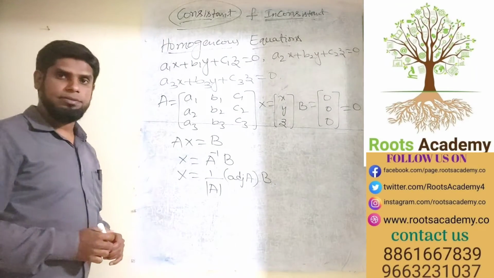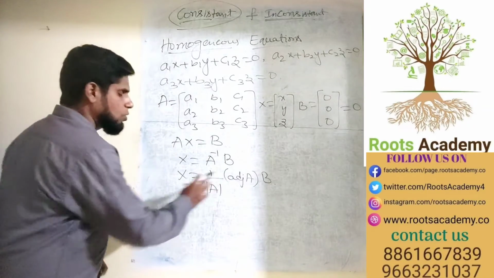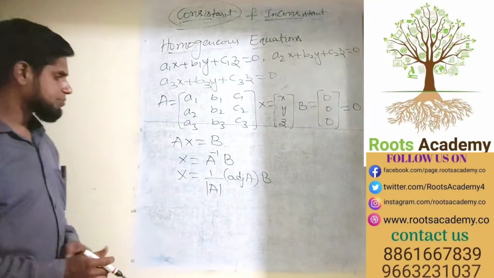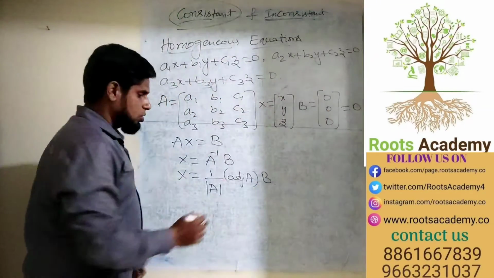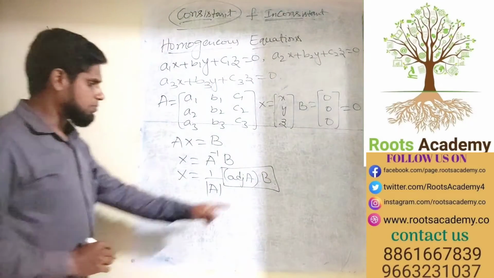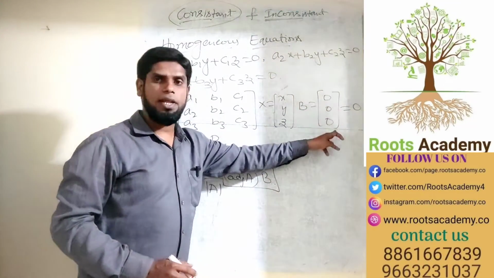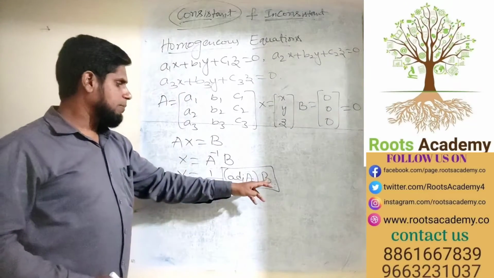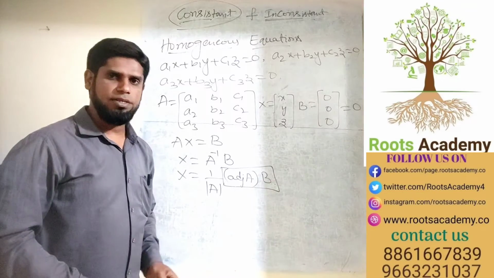So student, here just one case will come, because since B matrix is 0, this part is always 0. The reason is because B is already a null matrix. If you multiply any matrix with a null matrix, obviously the answer is null only.